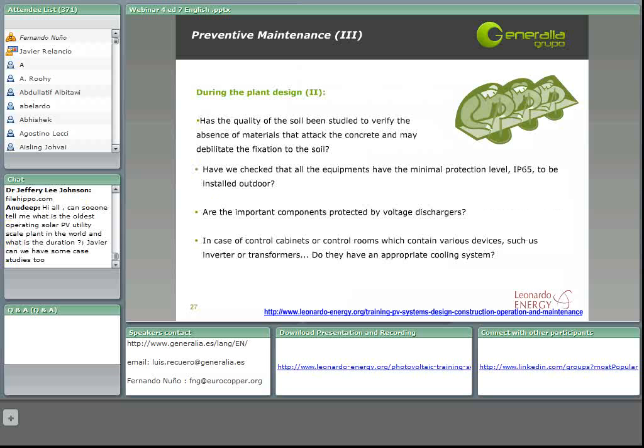Sixth, we have to check that all the important components are protected by voltage dischargers. Seventh, those control cabinets or control rooms which contain various devices, we have to check that they do have an appropriate cooling system, especially for those which are containing the inverters or the transformers.